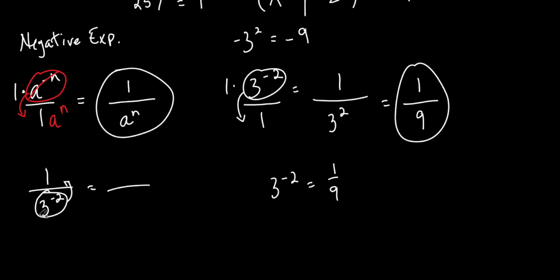Now, when you get rid of it from the bottom, there's really nothing left. Technically, there's a 1, but you don't really even need the 1. So watch, we flip it to the top, and that becomes 3 to the what? Positive second. Yeah, there was a 1 on the bottom. Remember this? You always start with a 1 on top, 1 on the bottom. But I don't even need the 1 now. So now I can figure this out. Now it's just plain old what? 3 squared, which is 9.